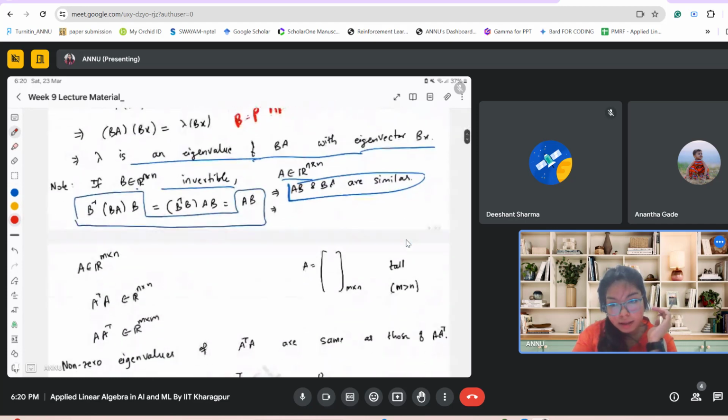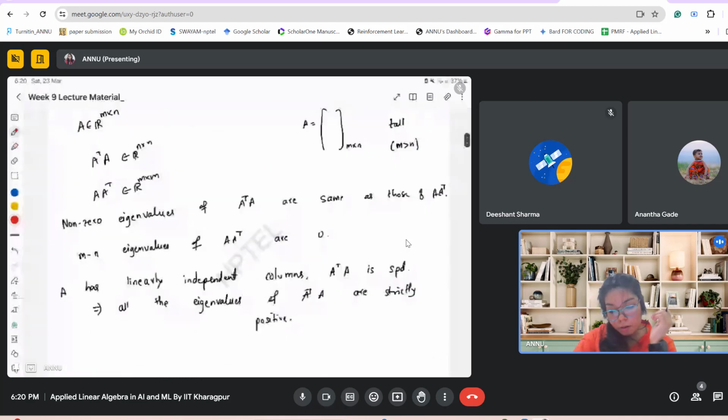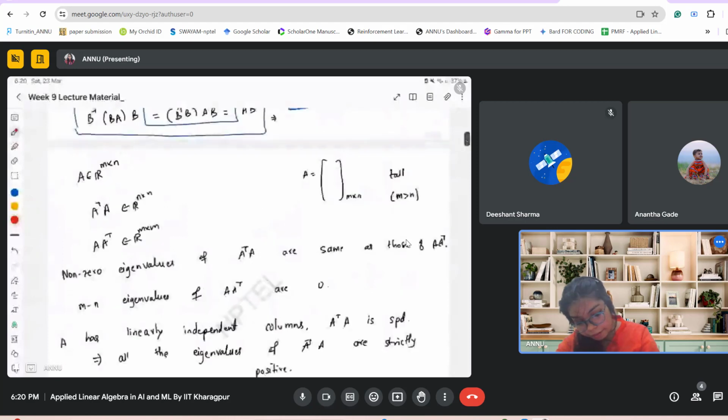the similar matrices. Okay, now we are moving towards positive semi-definite matrices. So this is very very important. In the last class I told you about the positive semi-definite matrices, but here also we are trying to tell again.